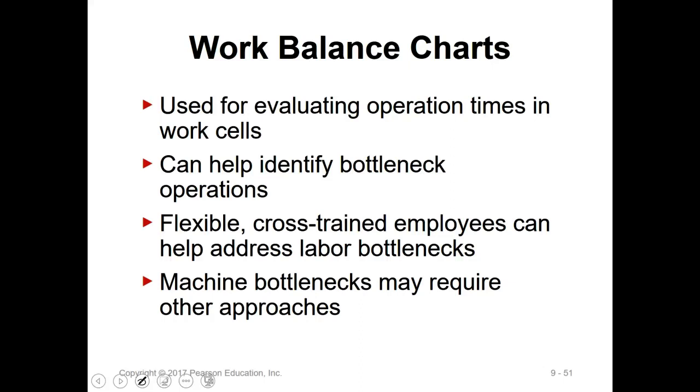This chart helps us, with cross-trained employees, to address the labor bottlenecks. If you have a high requirement, obviously you want to add labor to the bottleneck station to reduce the bottleneck time. So right now it is 50 seconds.